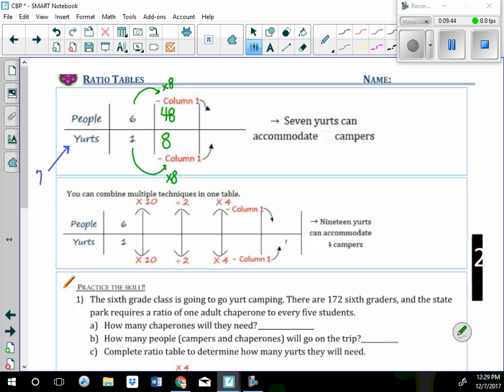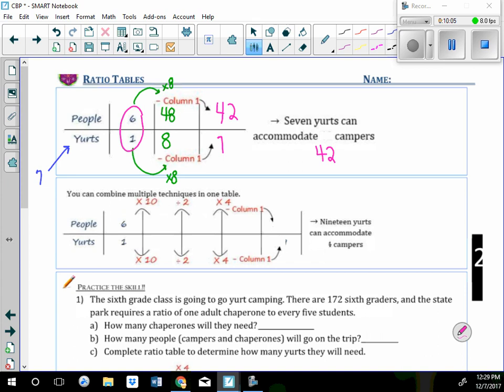So every time I take away 1 yurt, column 1 right here has 1 yurt in it. So I'm going to take away 1 yurt to get to 7. How many people do I take away? 6. 6 people. So now I have 42 people will fit into those 7 yurts.